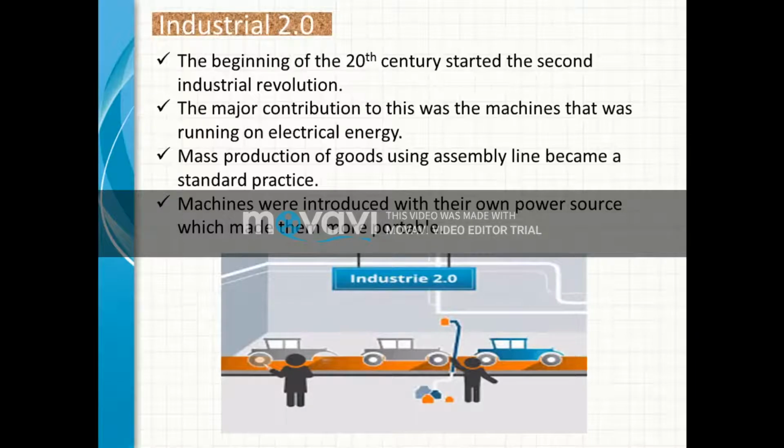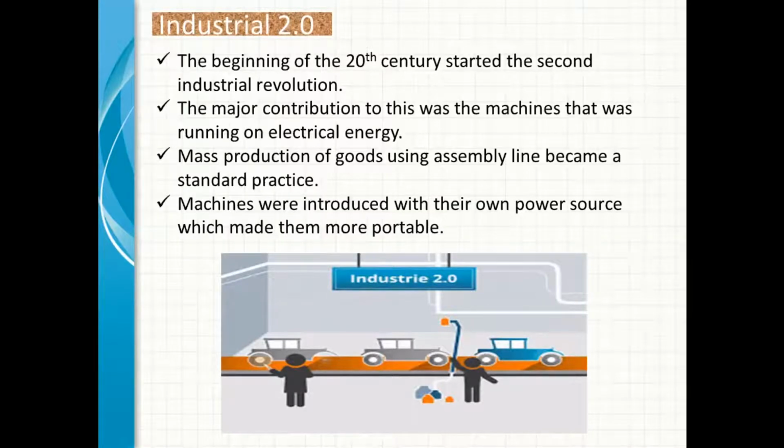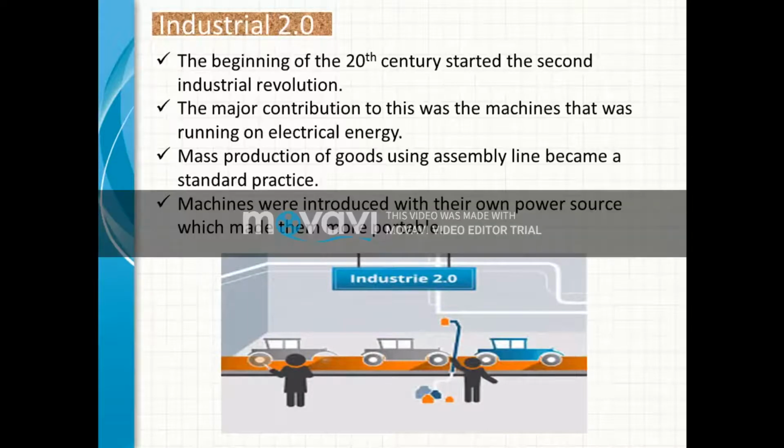Many machines were introduced during this period, and it was very useful because, since electrical energy was there, it was easily portable. So Industry 2.0 can be shortly described as mass production and assembly lines.